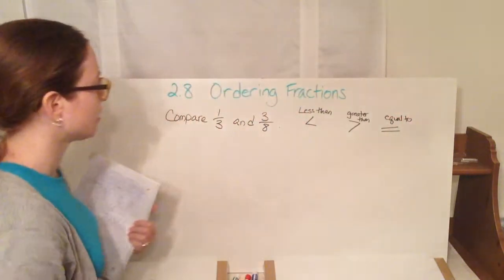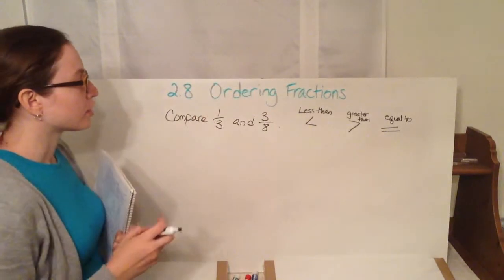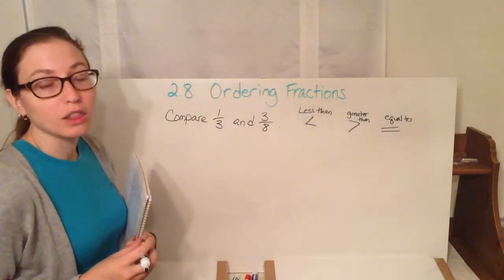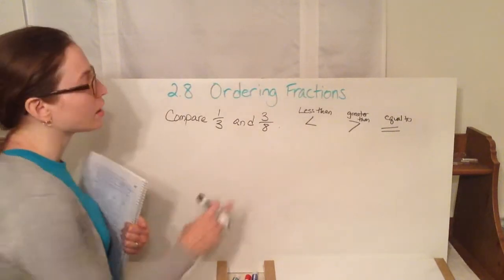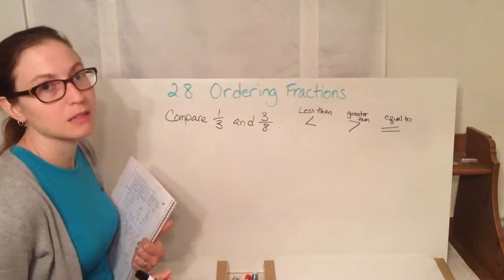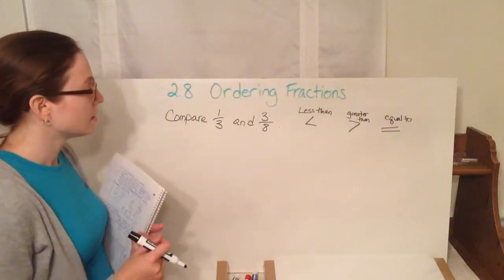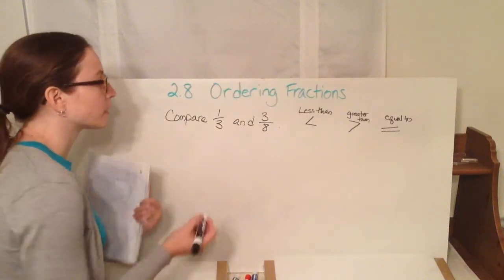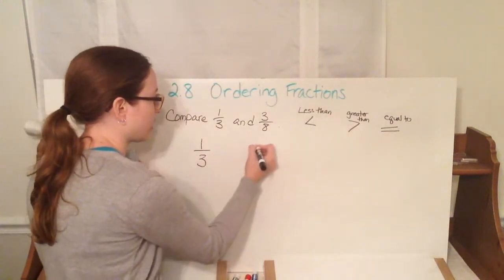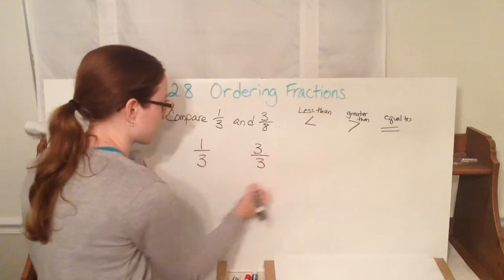So if we're comparing 1/3 and 3/8, that requires us to be looking at what size the pieces are. Thirds and eighths are not the same size pieces, so we need to make them the same size pieces by using equivalent fractions. 3 and 8 go into 24. So here I have 1/3 and I have 3/8.